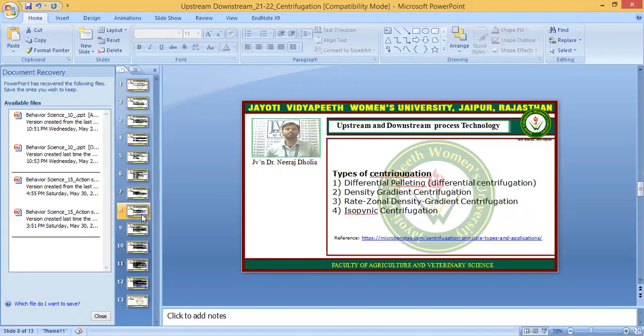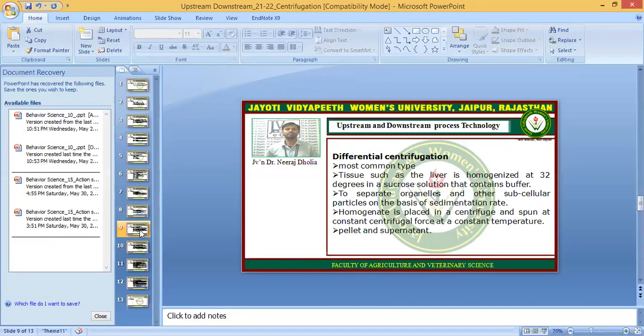Now let's talk about the types of centrifugation. Principally, there are 4 types of centrifugation: the density gradient, the differential centrifugation, the rate zonal centrifugation, and the isopycnic centrifugation. So what is differential centrifugation?